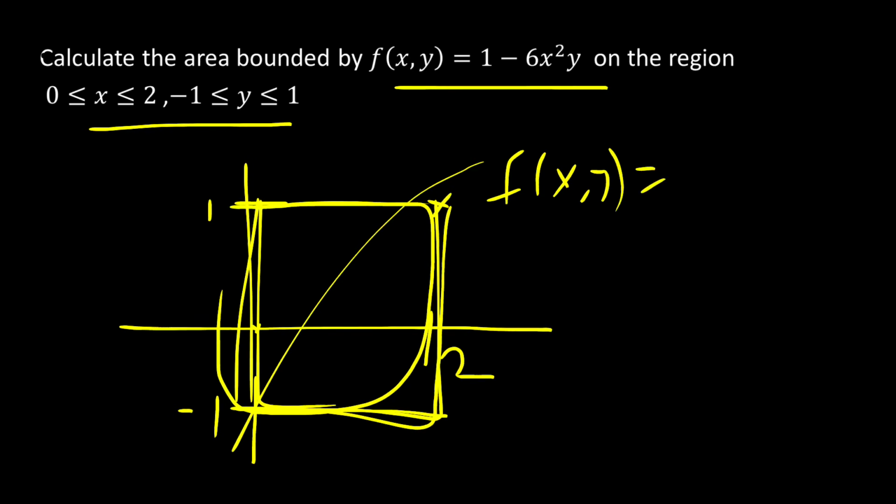So this is 1 minus 6x squared y. This is basically an application of Fubini's Theorem.